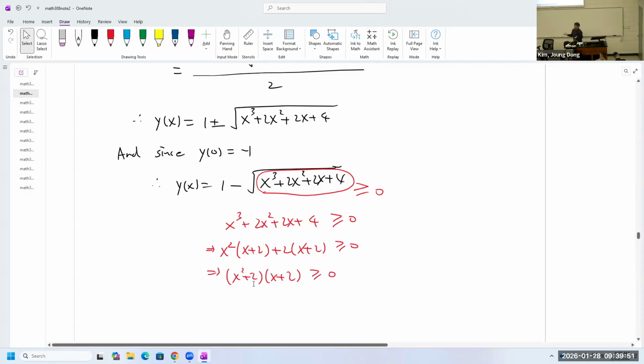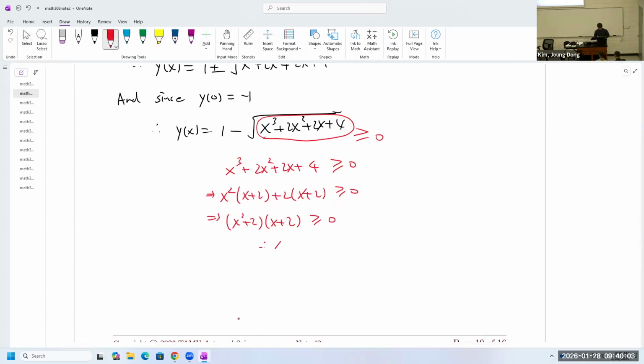Oh, no matter what, it is always positive. So there is no restriction from the first parenthesis, right? But look at the second parenthesis. Oh, we cannot have less than -2. So my conclusion is my x must be bigger than or equal to -2. That will be my domain. Are you okay so far?